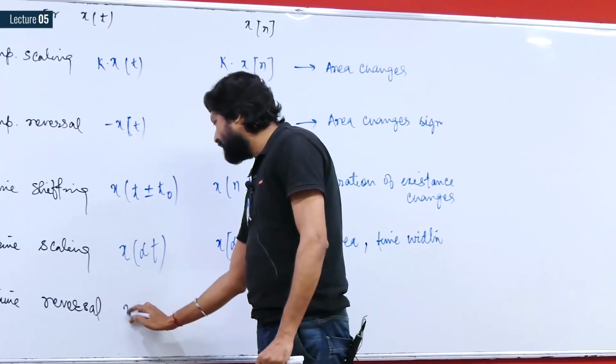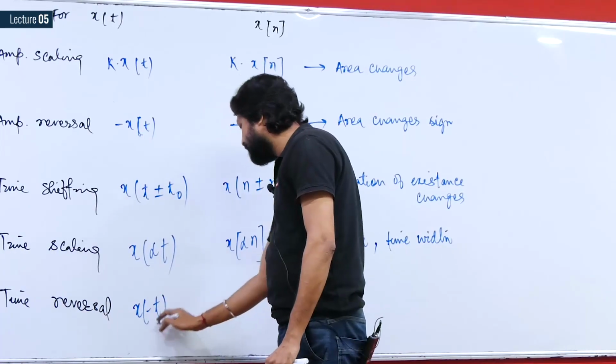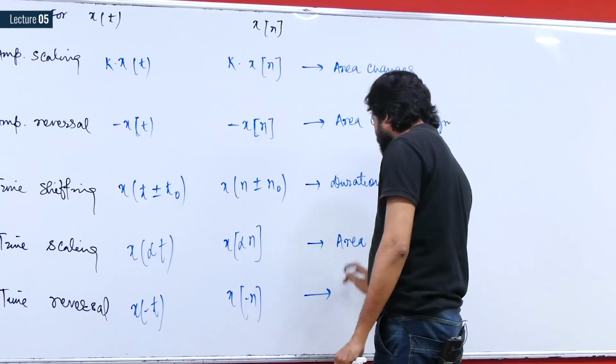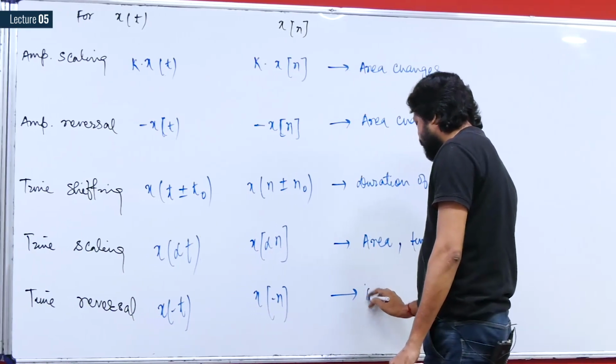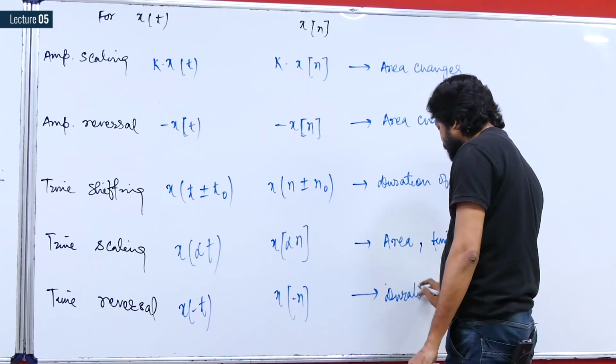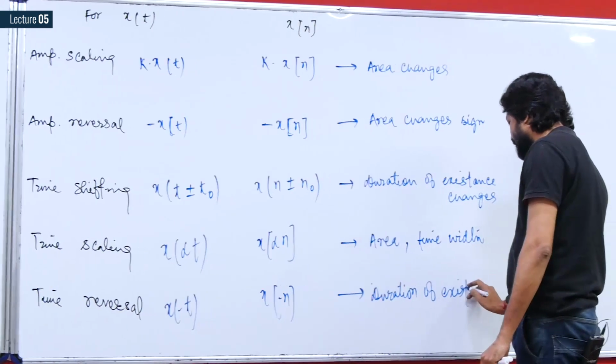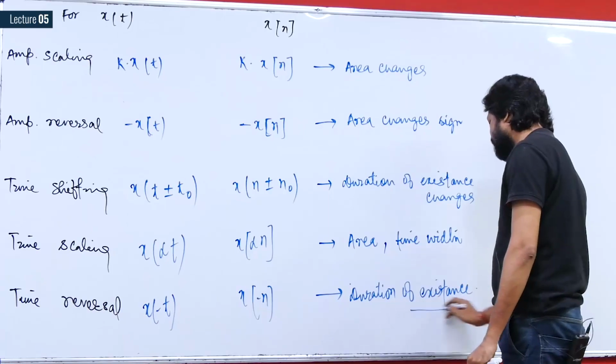In case of time reversal, you are going to find x of minus t or x of minus n, and for this operation again only the duration of existence will be changing, other things will remain the same.